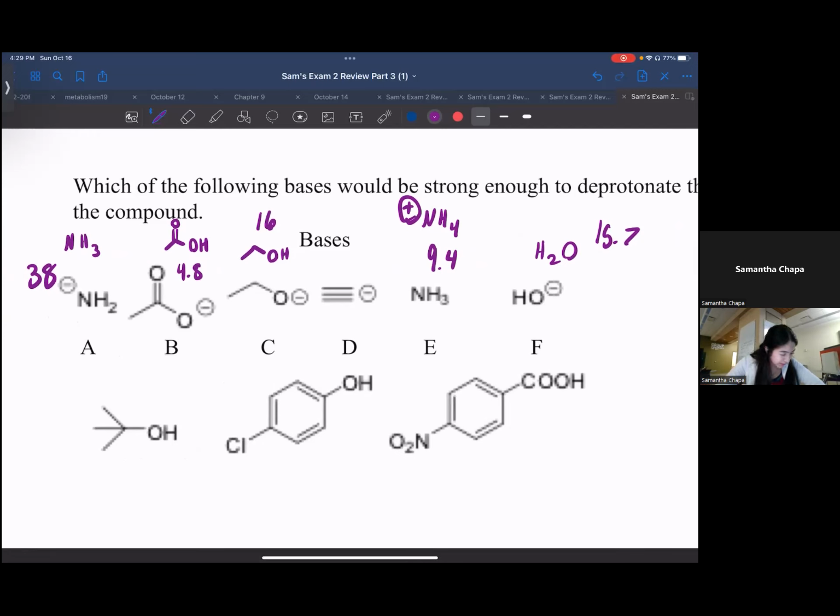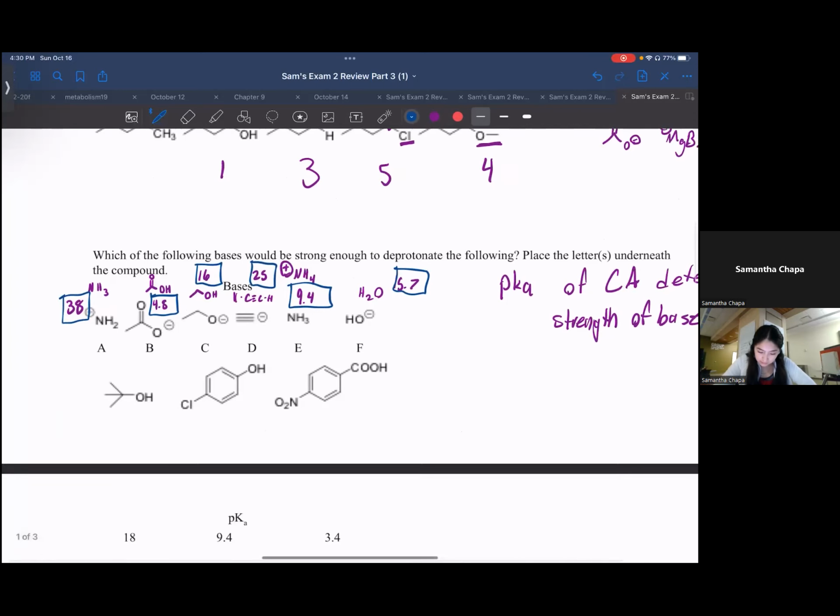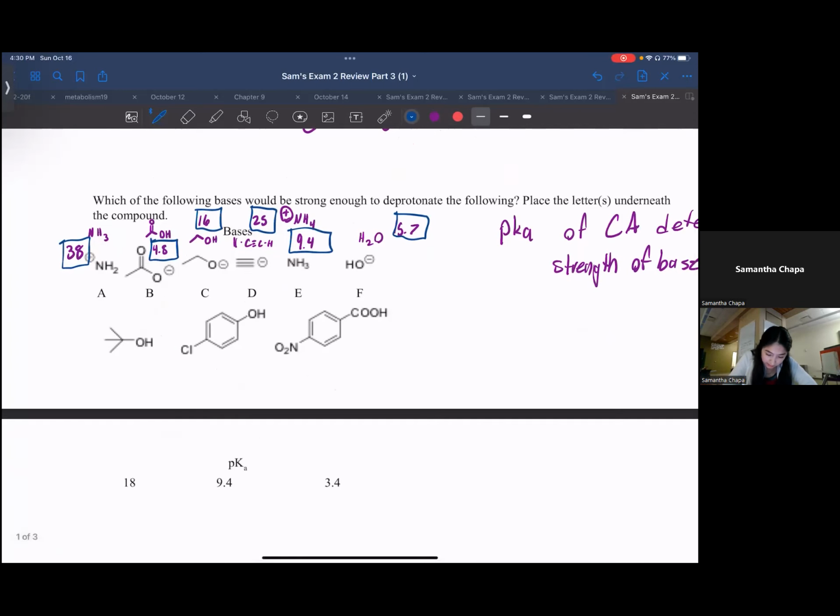A normal carbon-carbon triple bond, protonated, has a pKa of 25. So let me box these in so I don't get confused. Okay. And so I'm going to write these down here just so, again, I can see this all as one.